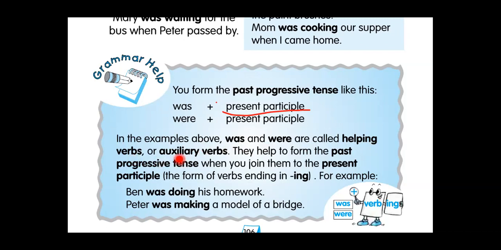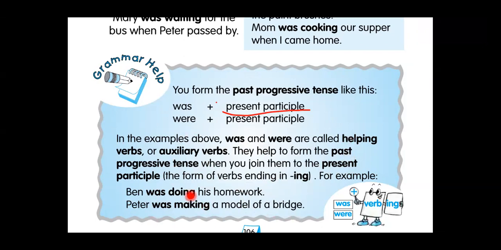This is a new word, right? They help to form the past progressive tense when you join them with the present participle, the form of verbs ending in ing. For example, Ben was doing his homework. Peter was making a model of the bridge.